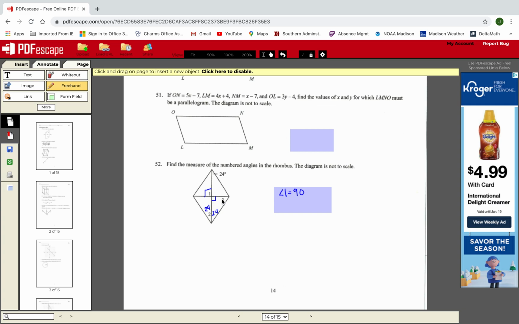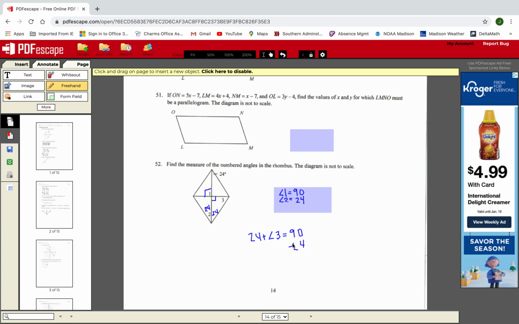So to find angle 3, we can do triangle sum theorem and say 90 plus 24 plus angle 3 equals 180. Or we could simply notice that since this is a right triangle, the 2 acute angles must add up to 90. So 24 plus angle 3 equals 90. So all we really need to do is subtract 24 from 90 to get our answer here.